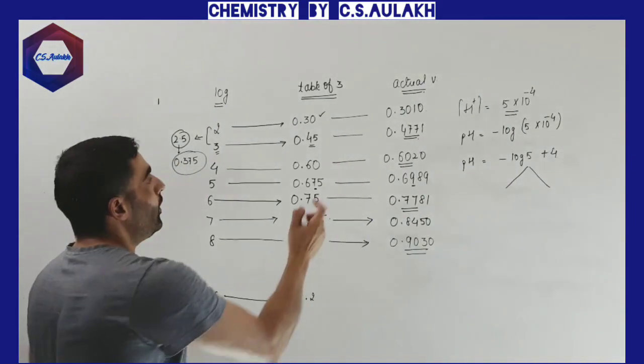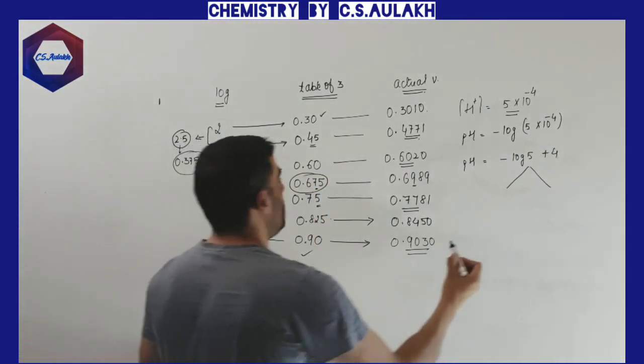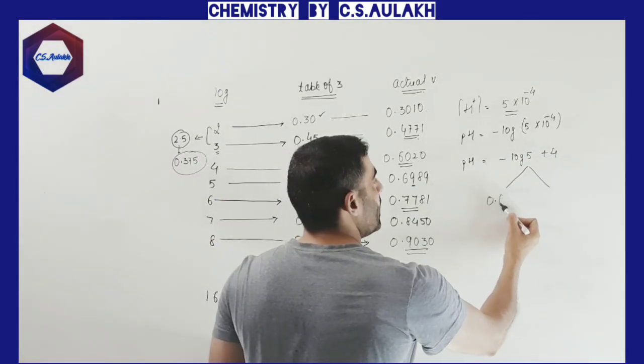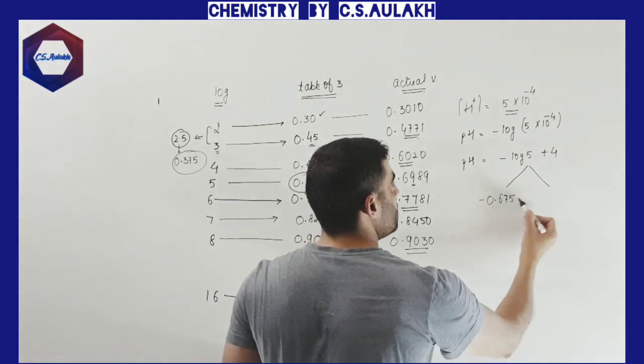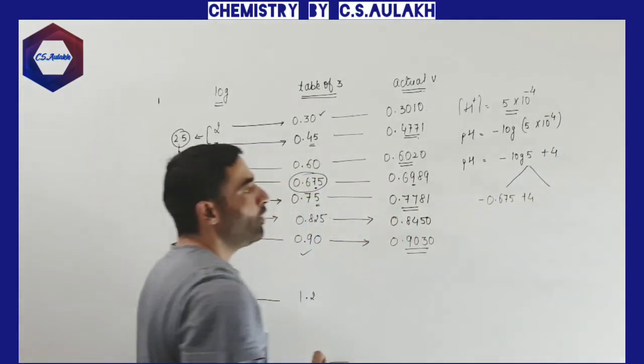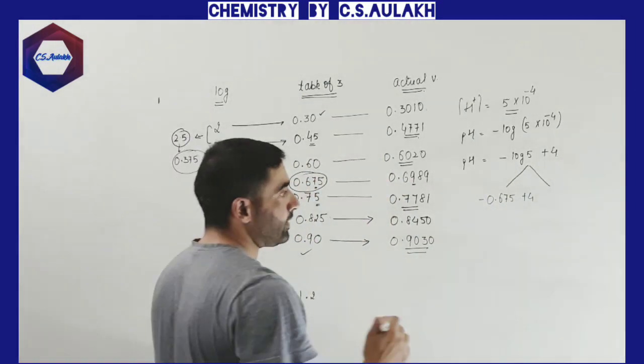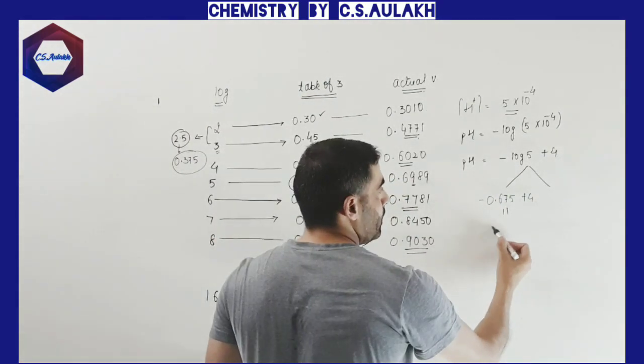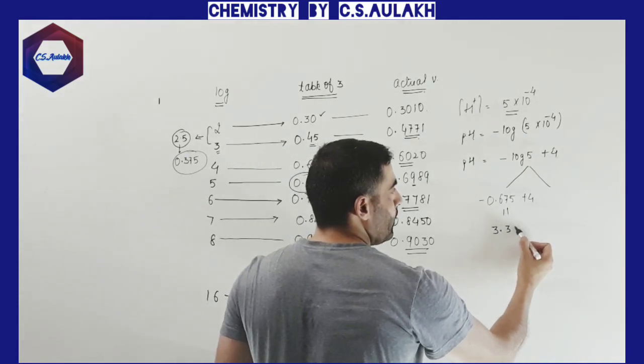So now we will compare these two answers. What's the difference? On the left hand side I am using this value, 0.675, minus it plus 4. If we subtract this value, the answer will come out 3.325.